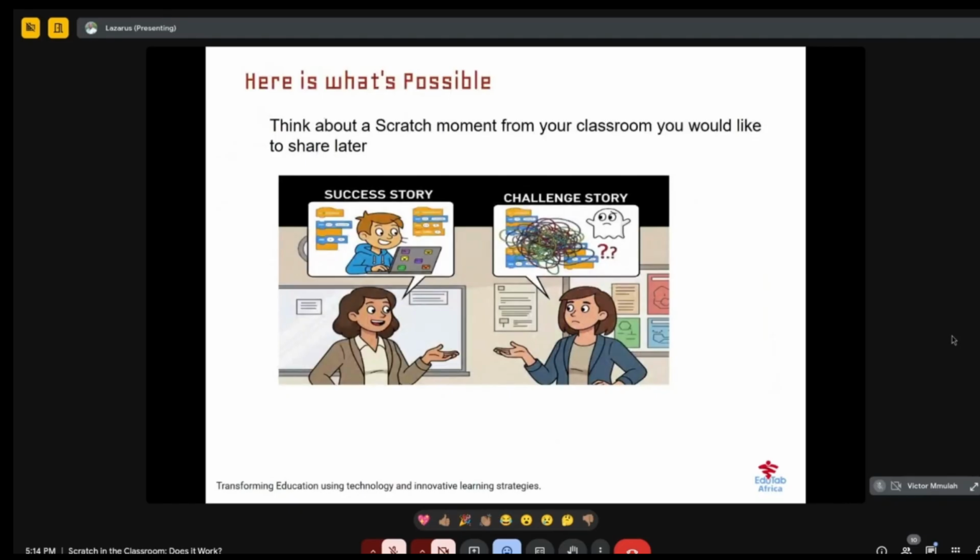So here's what's going to happen. I want us to take a moment and think about a moment where we've used Scratch in the classroom. It could be you are teaching Scratch or you are teaching using Scratch. For the next 10 seconds, just think about one particular Scratch moment in the classroom.